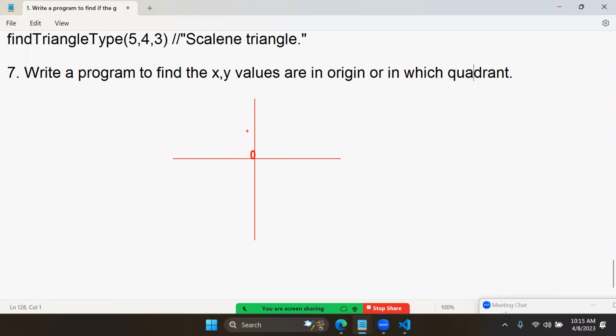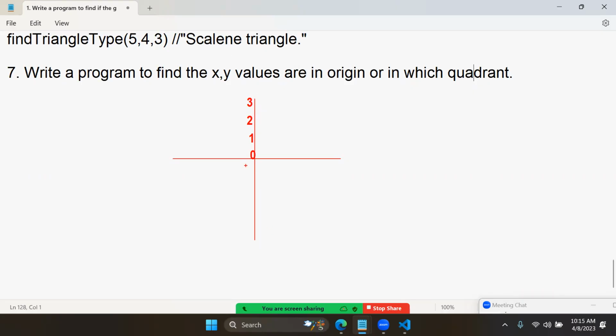How will the values be? Quadrant values will be like 1, 2, 3, like this.